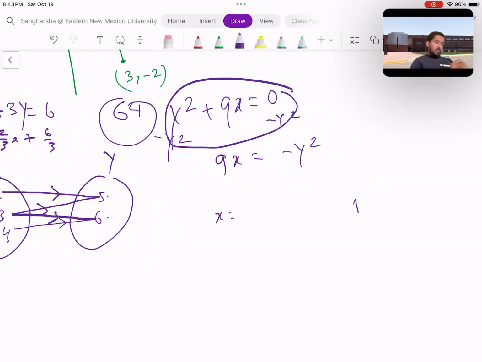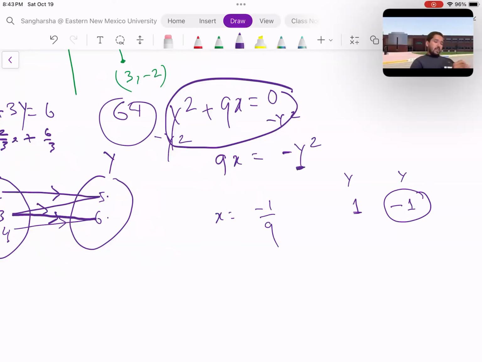Now, if y is 1, what would the x value be? You substitute here. So 1 squared is 1, and x would be -1/9. And if you choose y equals -1, you substitute here.